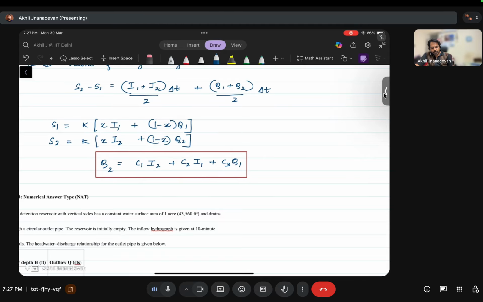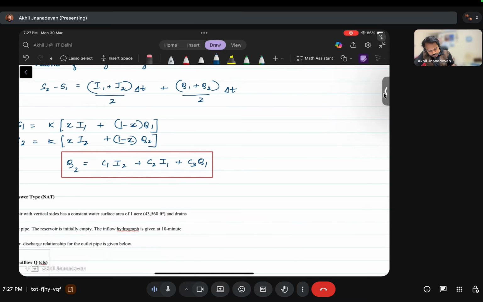So this can be derived, and the equations are: C1 is equal to (delta t minus 2Kx) divided by (2K into (1 minus x) plus delta t).